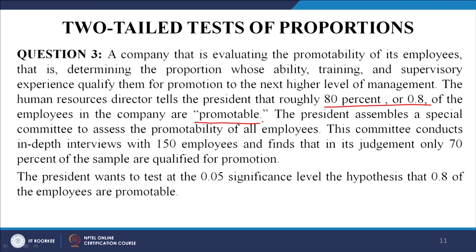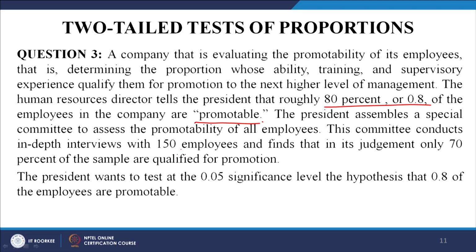The president, see, this kind of decision will have an impact on the company. Now, how will it have an impact? Because suppose it is not 80% and 70%, then the extra 10% people are unnecessarily given extra money, right. So, the president assembles a special committee to assess this promotability.